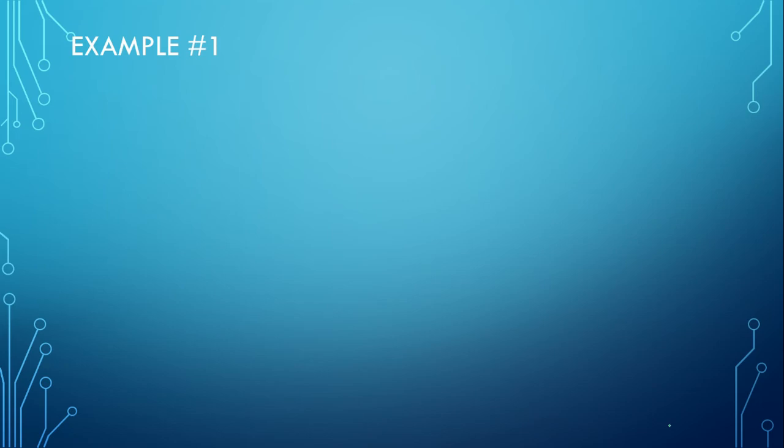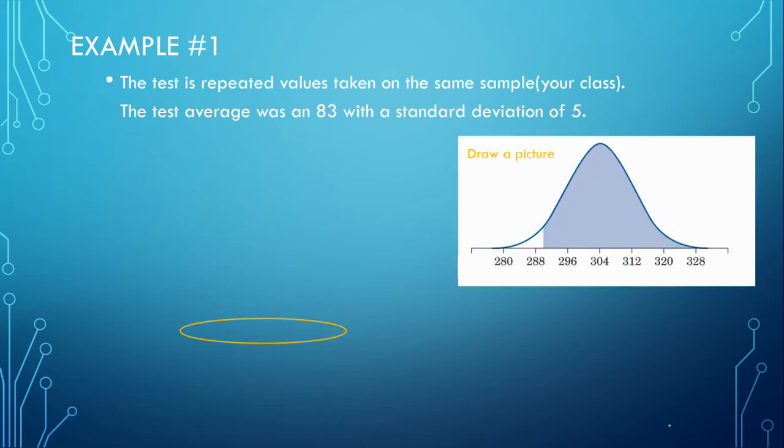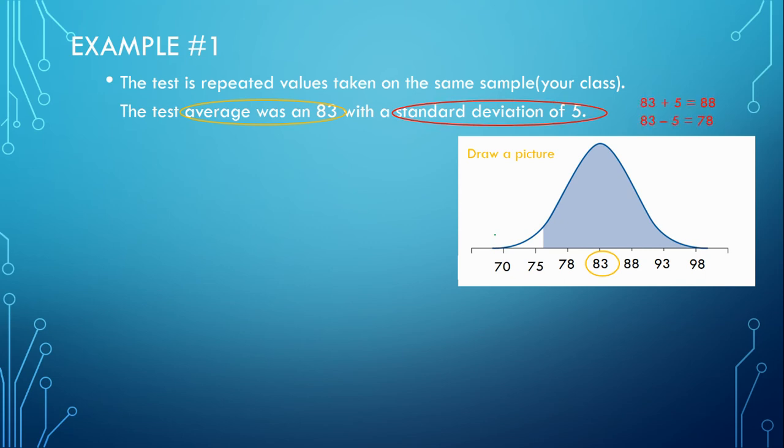Okay. For example, the test is repeated values taken on the same sample, your class. The test average was an 83 with a standard deviation of 5. So let's draw a quick picture. The average is 83, so I'm going to put 83 in the middle. Standard deviation of 5 means I add and subtract 5, so 83 plus 5 is 88. 83 minus 5 is 78, so that's where these numbers come from.